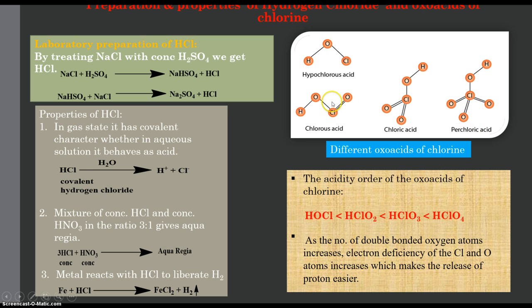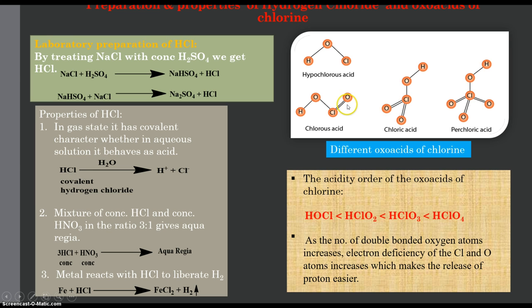So as the number of double bonded oxygen atoms increases from chlorous acid to chloric acid to perchloric acid, the electron deficiency on the chlorine atom increases due to the presence of the double bonded oxygen atoms attached to the chlorine atom. So the electron deficiency on the chlorine atom increases from left to right.